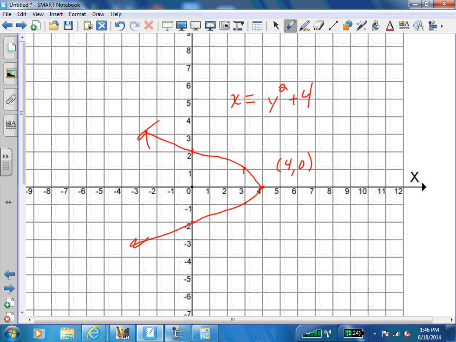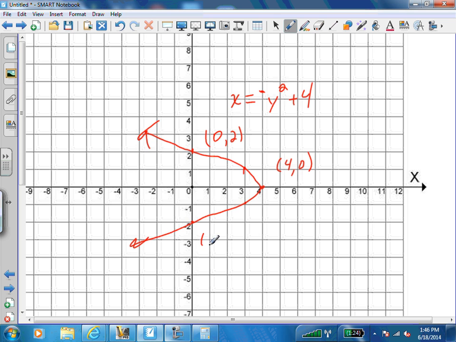What have I done? Oh, this is a negative here. If we put a 2 in for y, we get 2 squared, so 4 minus 4 is 0.